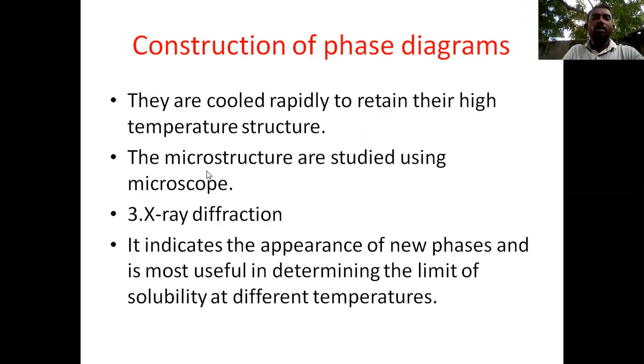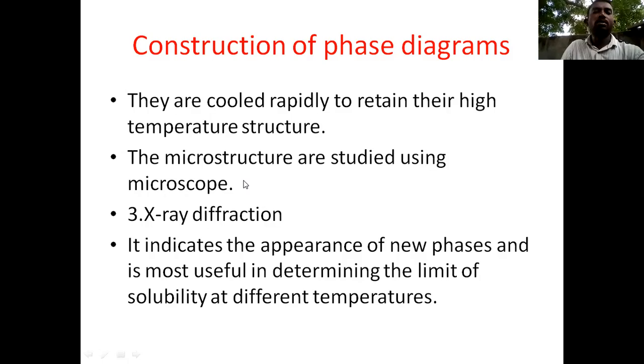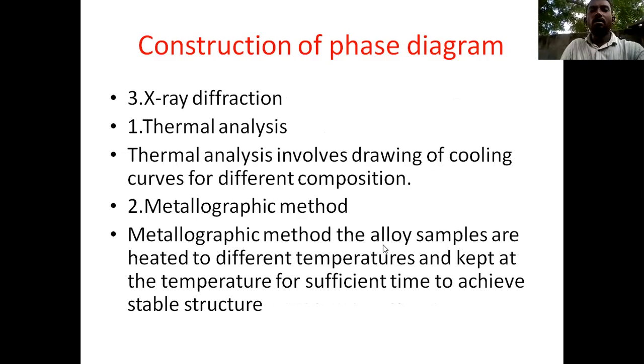See here, another point: the microstructures are studied using the microscope. So in the metallographic method, what is the procedure? We take one alloy, heat it at different temperatures for sufficient time.